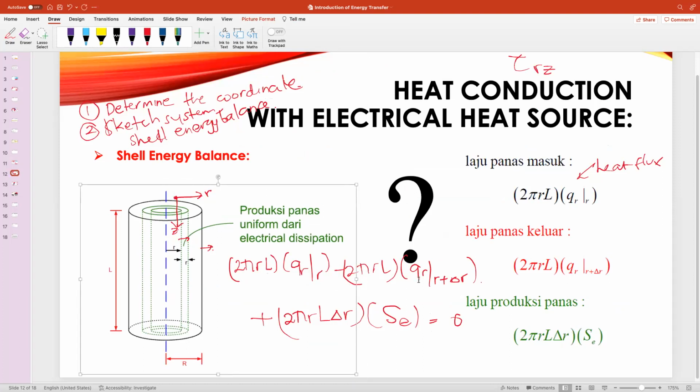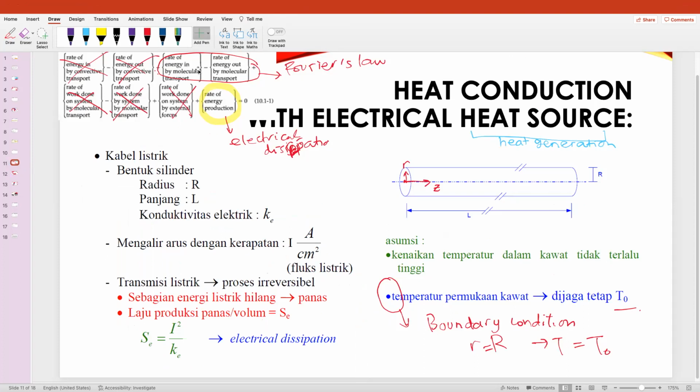The molecular transport is actually defined as Q, the heat flux. While the electrical dissipation, the source of energy, we consider separately. It's similar to energy generation.